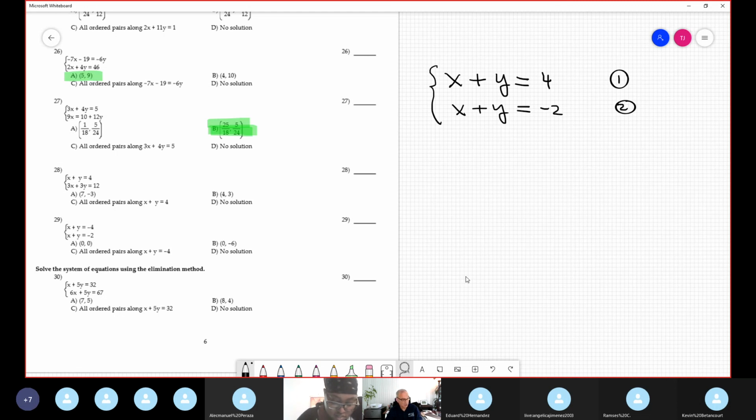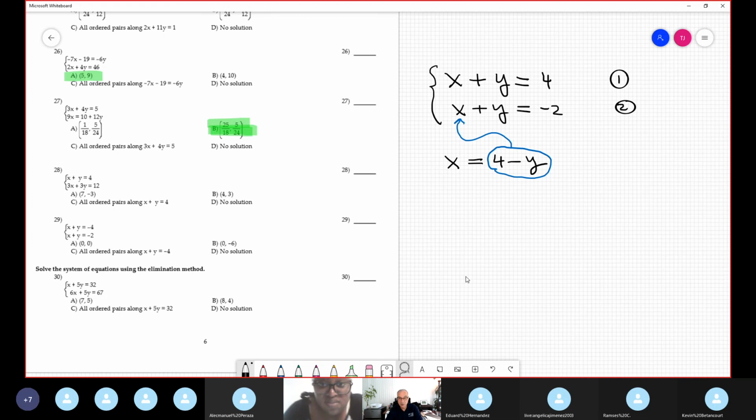But suppose I don't see that, or I don't realize this idea. Okay, let's do it by substitution, because the command is to do it by substitution. In the first equation, solve for x: you have 4 minus y. Now substitute this expression here.